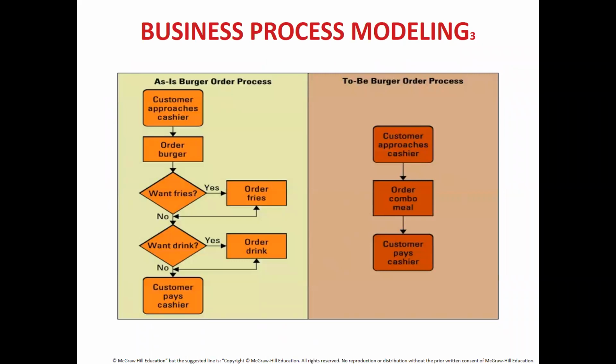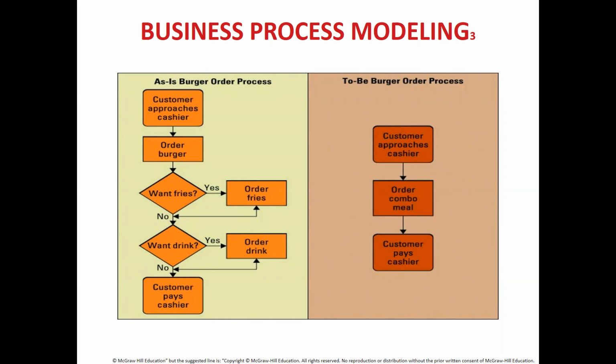We have a slide here giving a pictorial view of as is and to be. The process is about making burgers. We're talking so much about food in CN 708, and I'm hoping that I'm not making you hungry. So as is: the customer approaches the cashier and orders a burger.